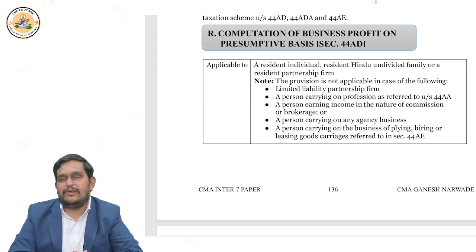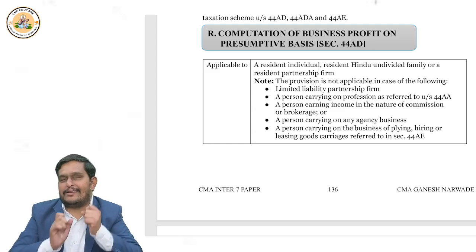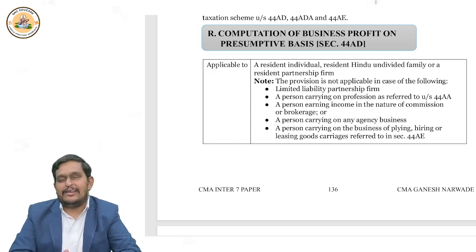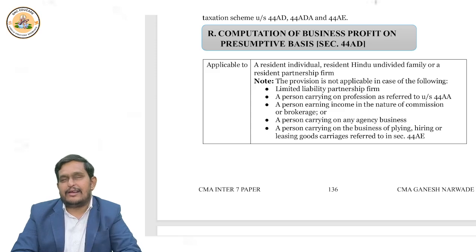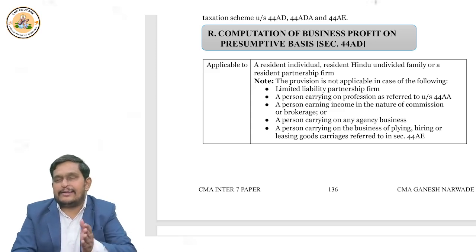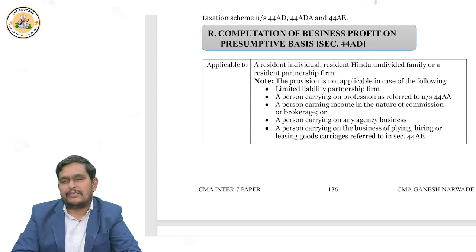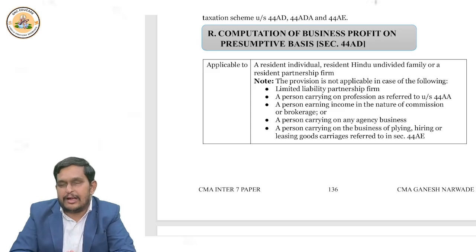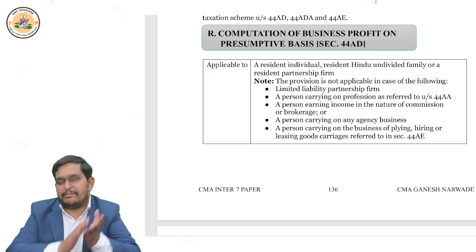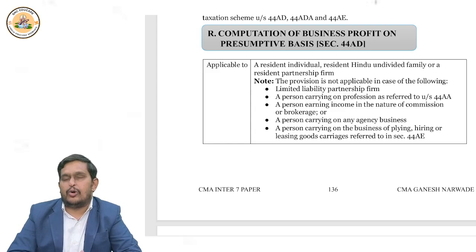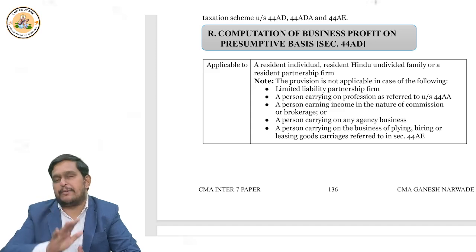Now, let me tell you, 44AD applies to whom? Resident individual, resident HUF, and resident partnership firm. So section 44AD applies to three different types of assessees.